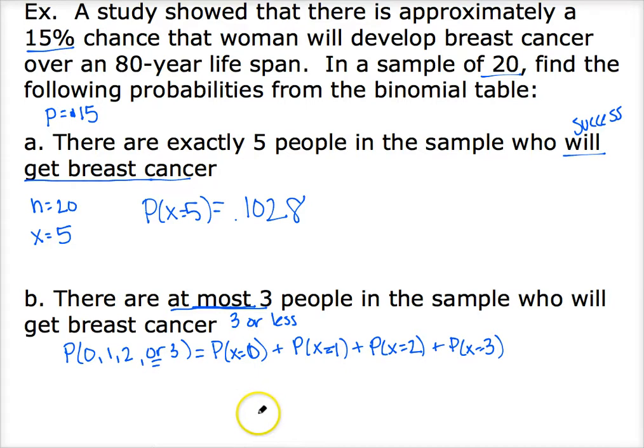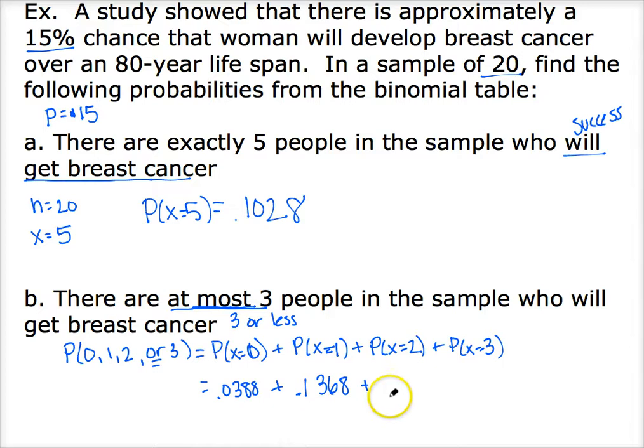Using our probability distribution, or the table, we find that the probability of 0 is 0.0388 plus the probability that x equals 1. Sorry about the barking. The probability that x equals 1 is 0.1368.